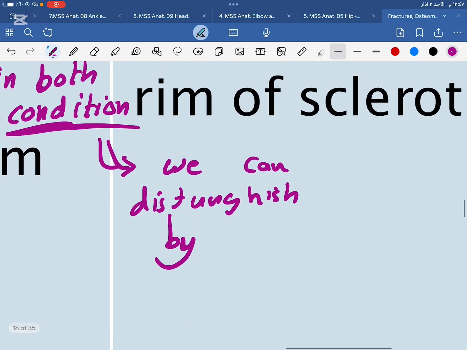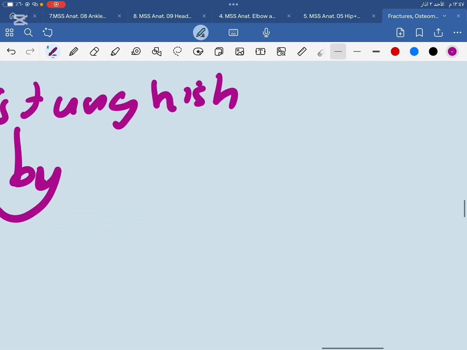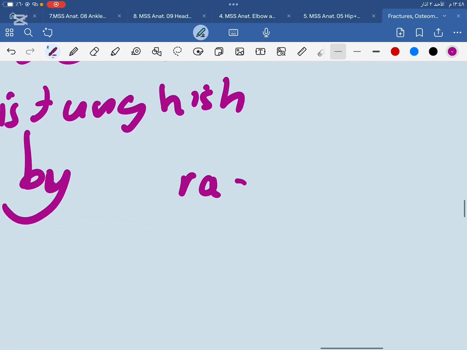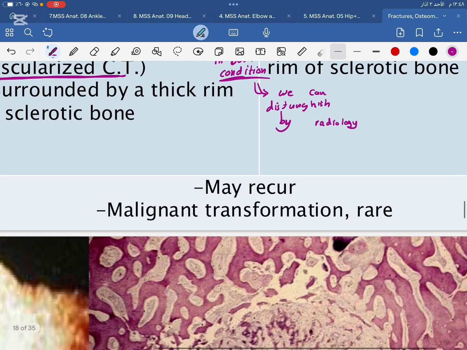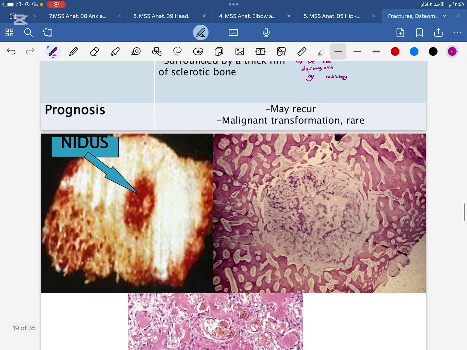Okay? The sclerotic bone. Based on prognosis, it can recur after excision. It is rare to be associated with malignant transformation. Here is the nidus, less than 2 cm in osteoid osteoma, while more than 2 cm in osteoblastoma.